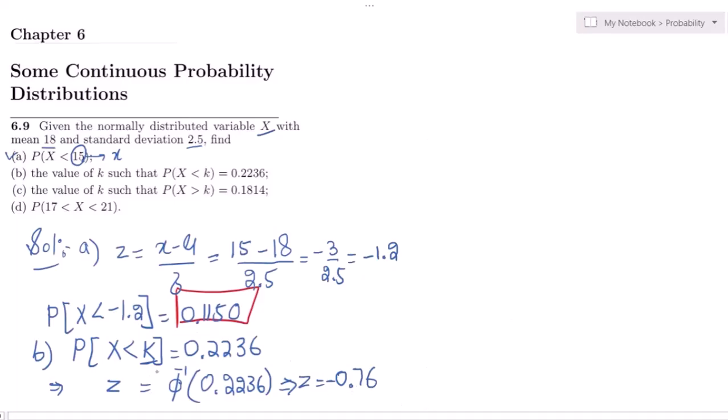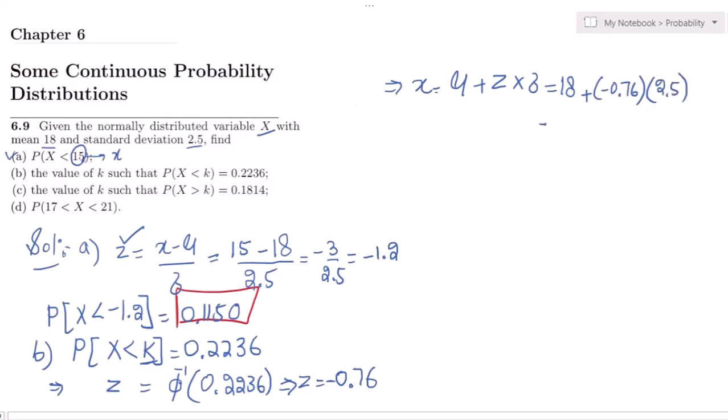Now in order to find the value of x from it, we know this formula. If you want to find the value of x from the z, it would be mu plus z multiplied by sigma. So let me put these values. Mu is 18, plus z, which is minus 0.76, and the value of sigma is 2.5.